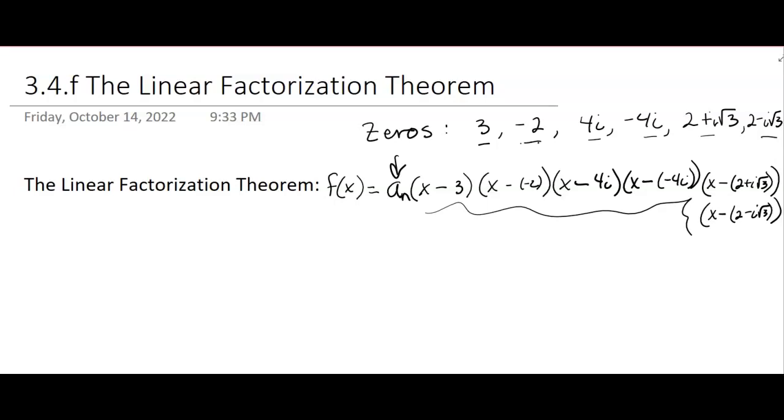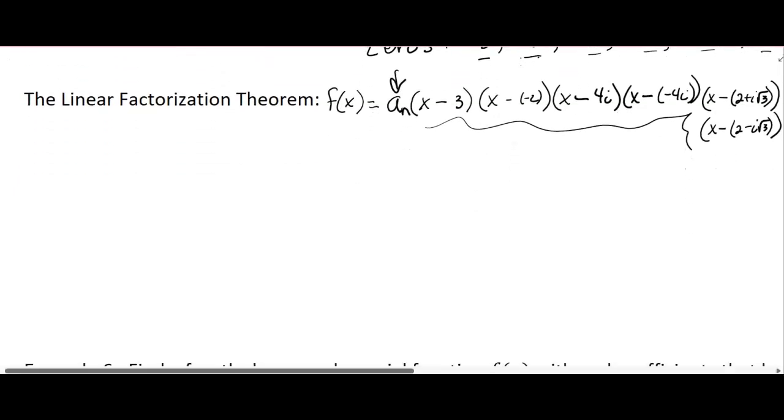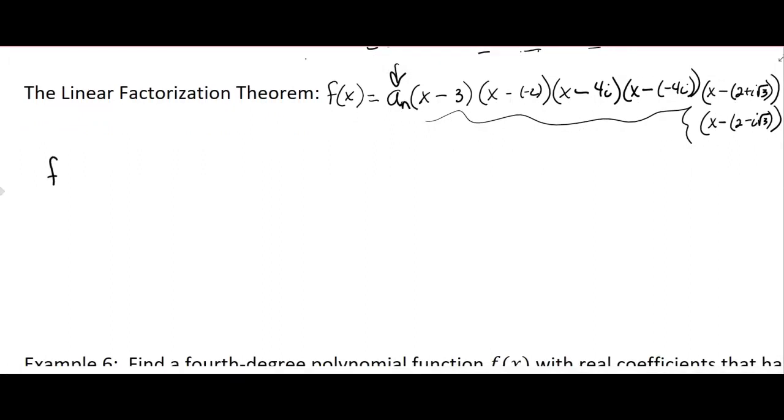You're not going to have them that long, but the linear factorization theorem goes like this. It says f of x equals a sub n, some constant, times x minus the first zero, x minus the second zero, and so on and so forth.